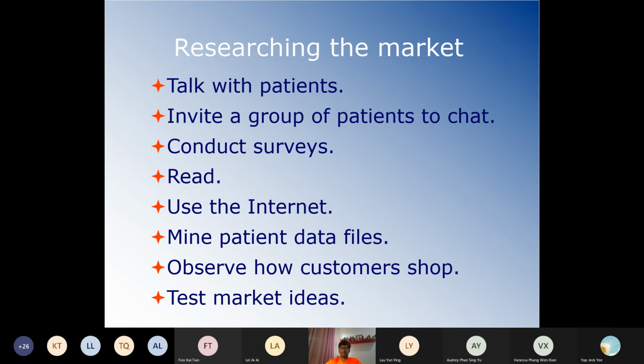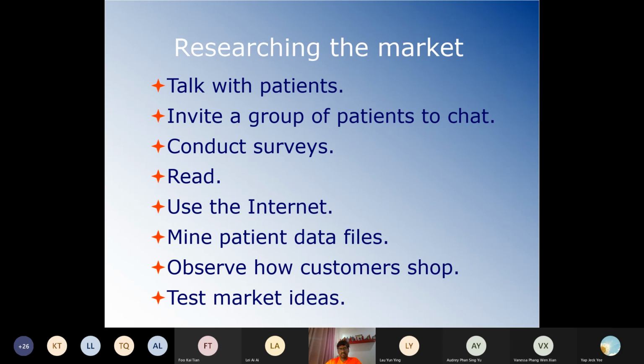Conduct surveys by distributing different survey tools. Read as much as possible on the updates and novelties in the healthcare sector, so that you will be confident enough to interact with your patients. And use the internet, of course. It has become one of the common norms that every one of us uses the internet for everything we do in day-to-day activities.